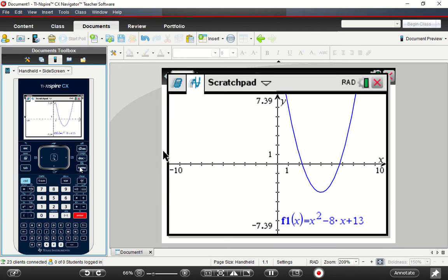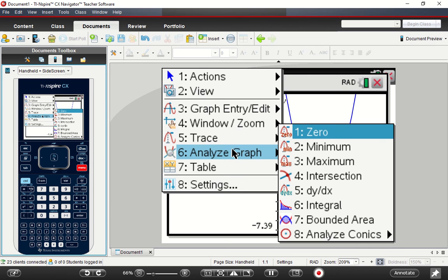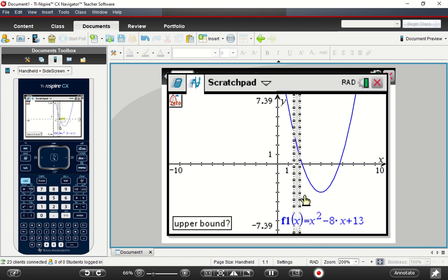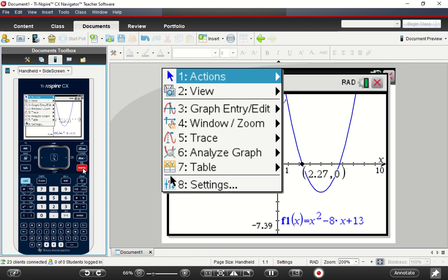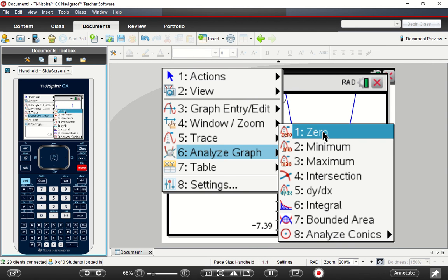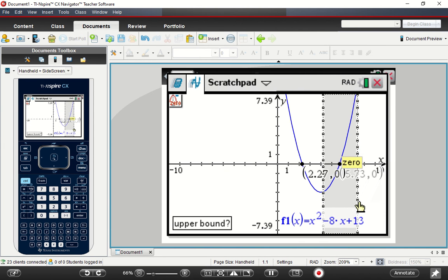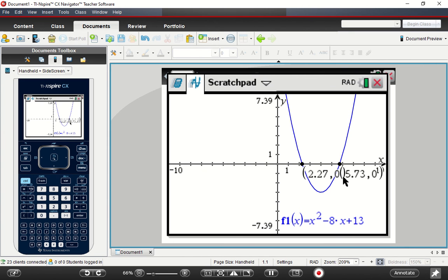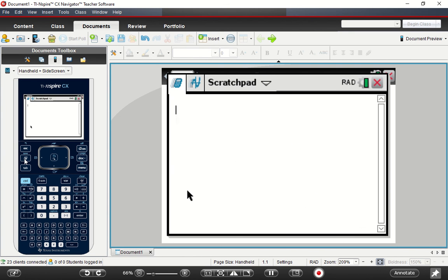I'm going to use my calculator to tell me where these are at. So I got 2.27 and 5.73. I'm going to check the answer I got when I did it on the other side of my notes, over at 17.3.